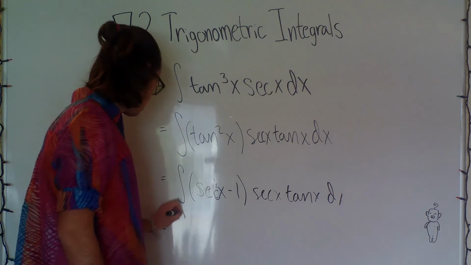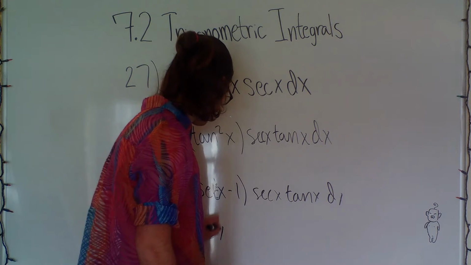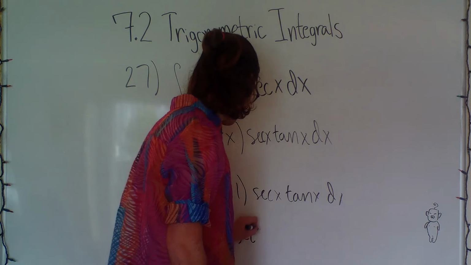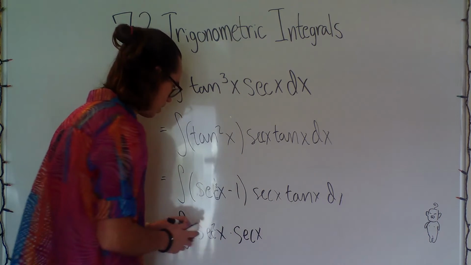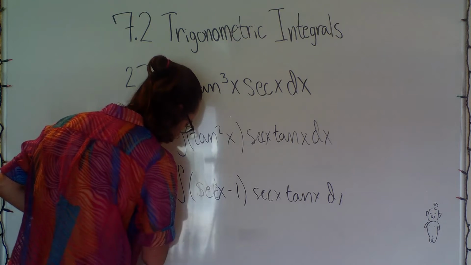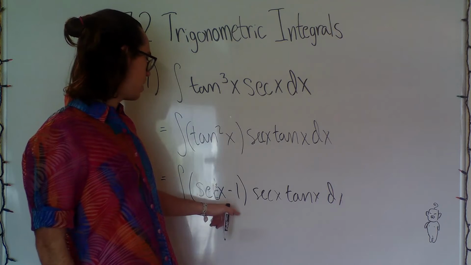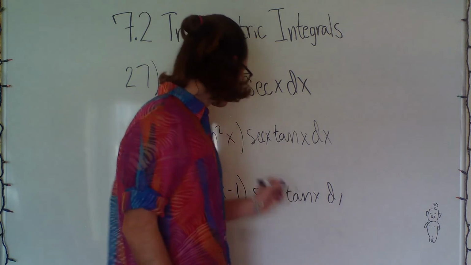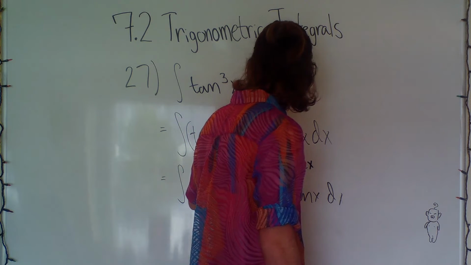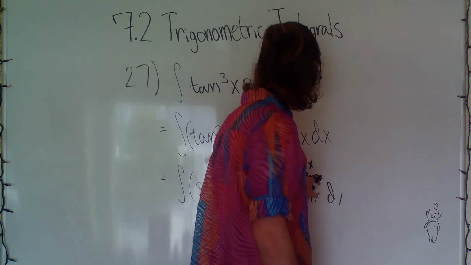So we have the integral of secant squared x minus 1 times secant x tan x. Well, we know that u equals secant x and du equals secant x tan x dx.